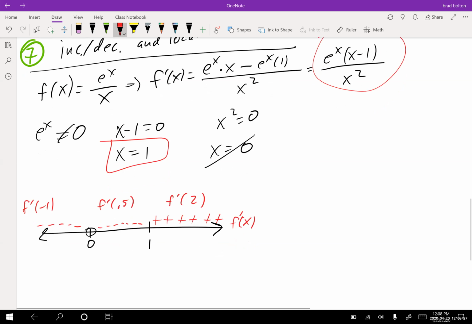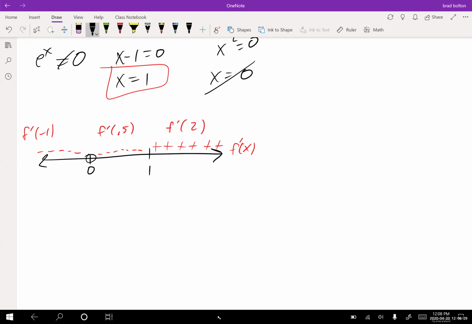Okay, so we now have intervals of increasing, intervals of decreasing. We're going to try to decide if there's a local min or a local max or both. Now, I know there can only be one local min or max because there's only one critical number. And remember, local mins or maxes only occur at critical numbers.